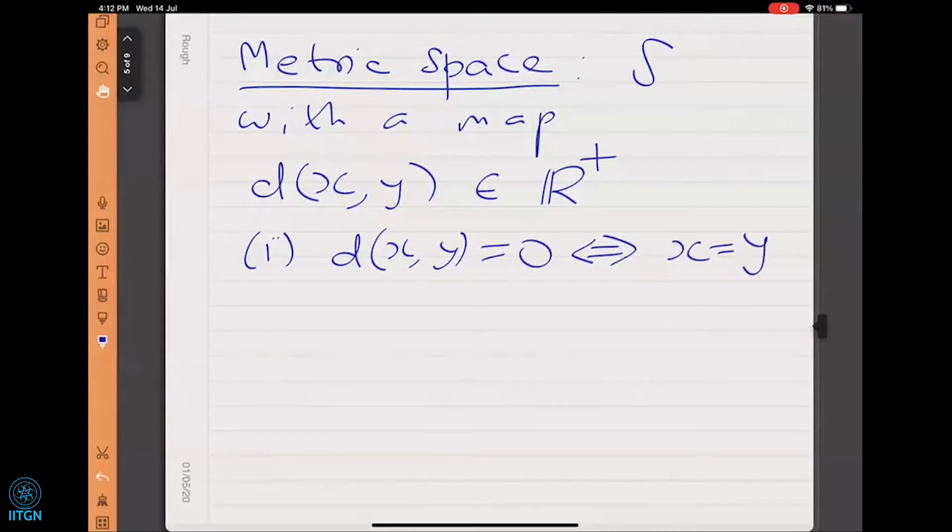Now, all of you are physicists and you're probably thinking, in Minkowski space, we know that we have some kind of Minkowski metric. It's already dead. It didn't satisfy axiom 1 because points which are light-like separated have dxy equals 0, but x is not y. This is supposed to be if and only if.